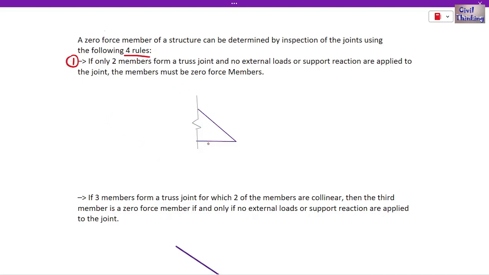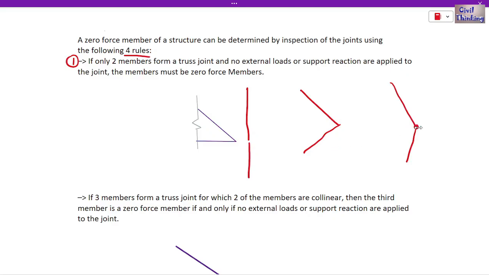When you have two members at a joint and there is no support at this point, and they are not collinear, they are not at 180 degrees, they are at an angle other than 180 degrees, like this, or maybe like this, whatever.